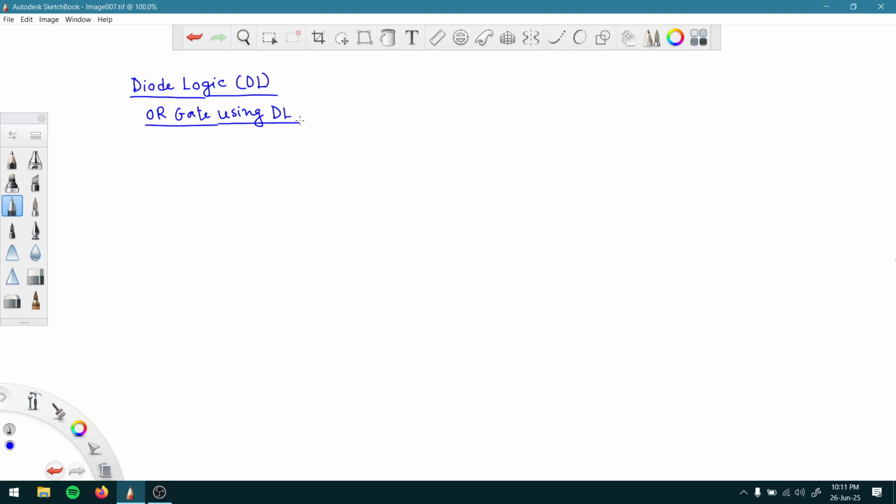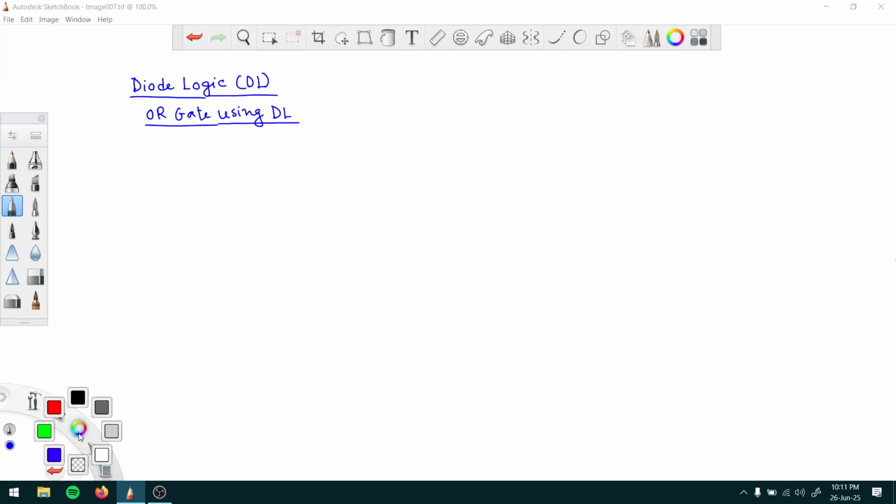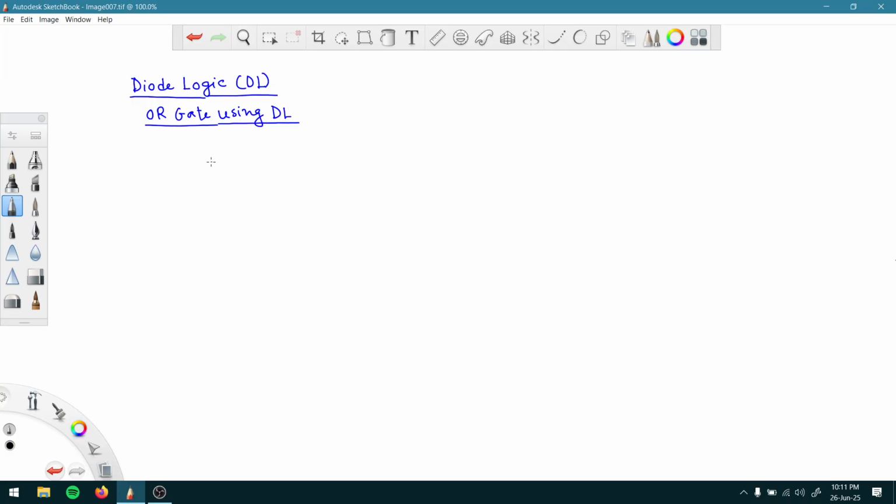So let us first construct the circuit. The circuit looks something like this. We have two resistors with two diodes. These are connected with each other, and we have this resistor here, and these are the inputs V1 and V2, and this is the output V out.